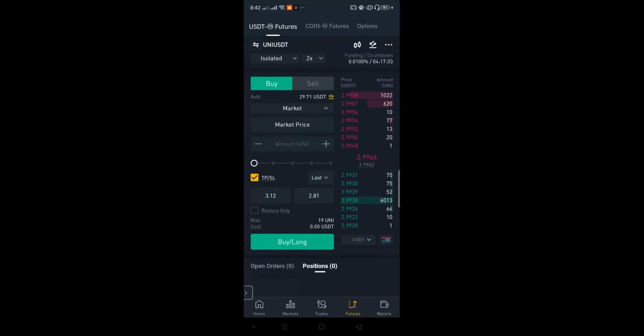So if you look at my balance, my balance is still intact. Why is my balance intact, even though there is a small reduction? This is my balance, $29.71. The reason why there's reduction is because of the charges.